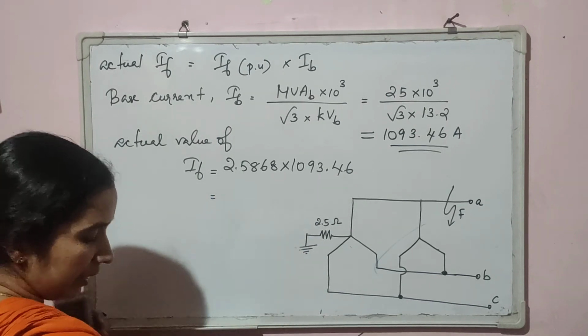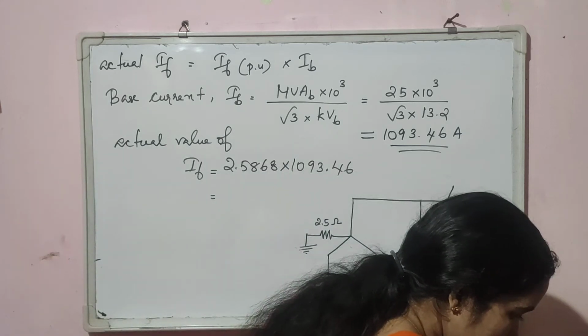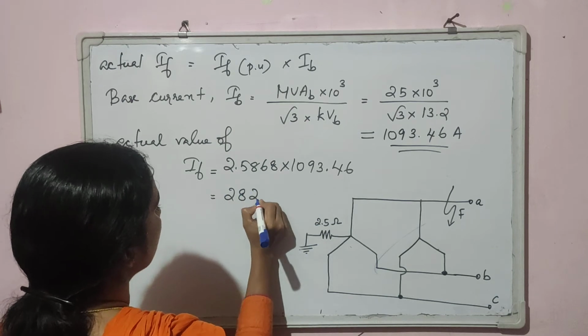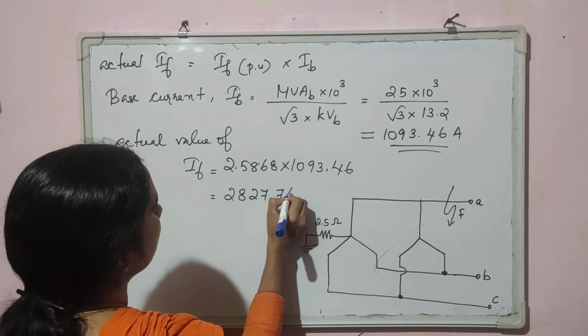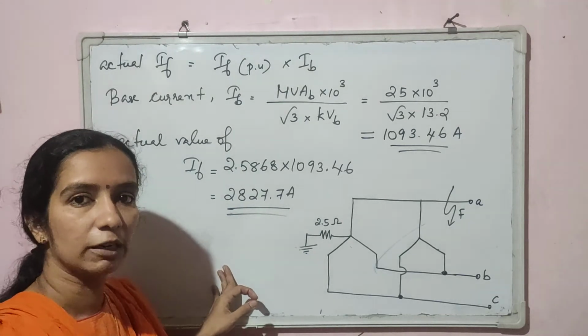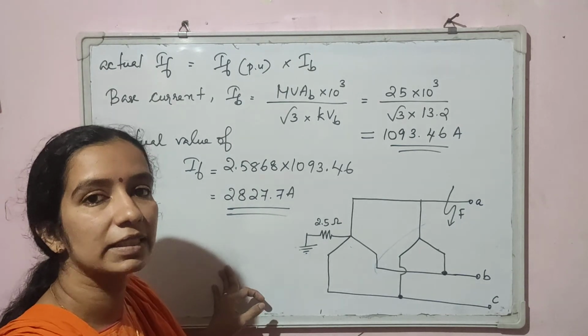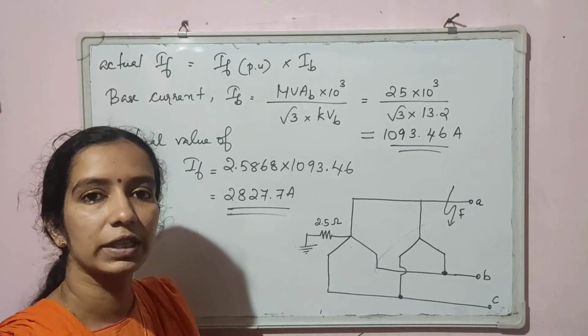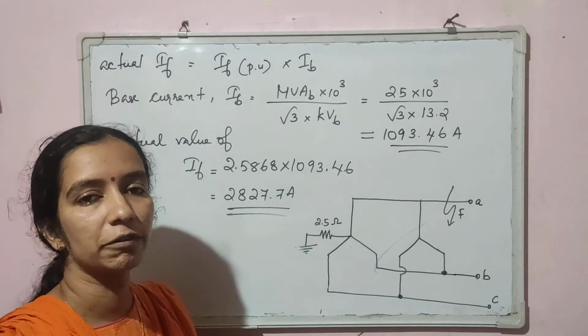And the answer will be, actual value of fault current will be 2827.7 ampere. So we have calculated the fault current. Our first part was to calculate the value of fault current. So we got the per unit value of fault current as well as its actual value.